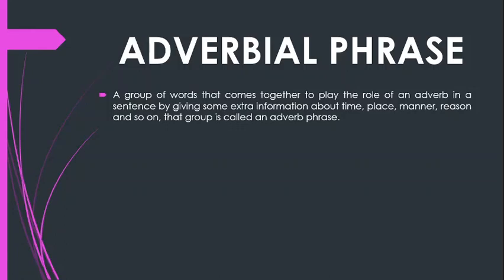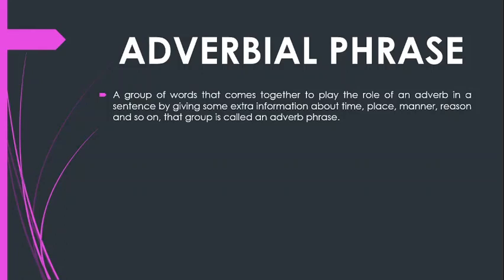So you can tell me that this final example, when the sun rises, is an example of an adverbial clause because it has a subject and it has a what? Yes, a finite verb. So remember these differences. A finite verb will definitely move the phrase to the category of the clause. Absence of a finite verb or subject will move the clause to the category of phrase.